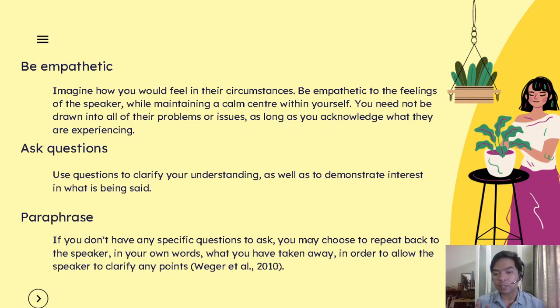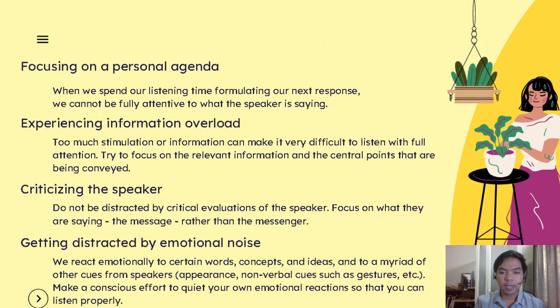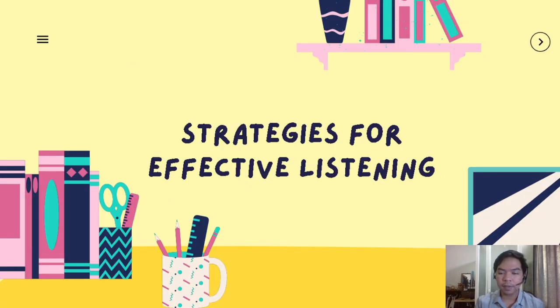So I just make sure I concisely write down my own interpretation on that specific topic, and after the discussion, I clarify it with the speaker if the information I got is accurate or on point.